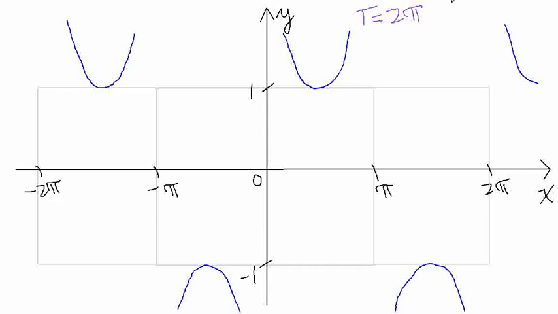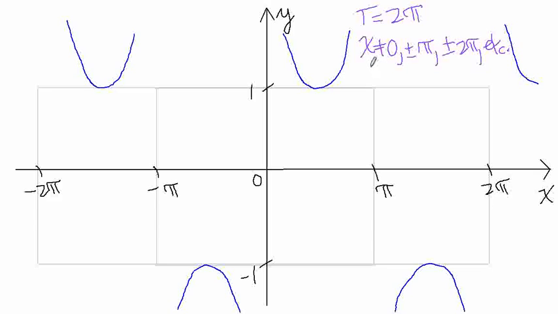So we can't define an amplitude. Once again, we have vertical asymptotes, so the domain includes all but the values associated with the vertical asymptotes, so all except for 0, plus or minus pi, plus or minus 2 pi, and so on and so forth.